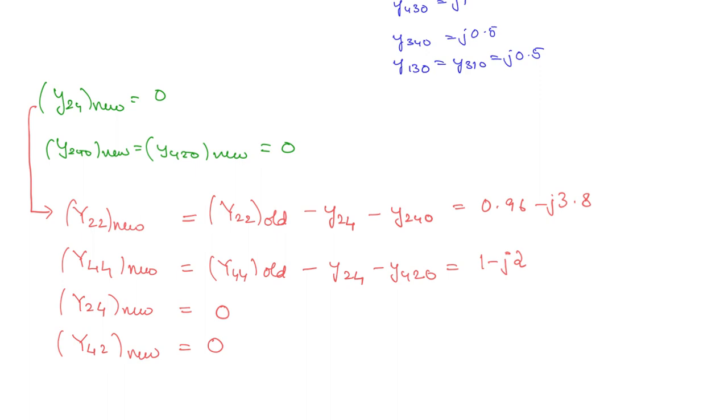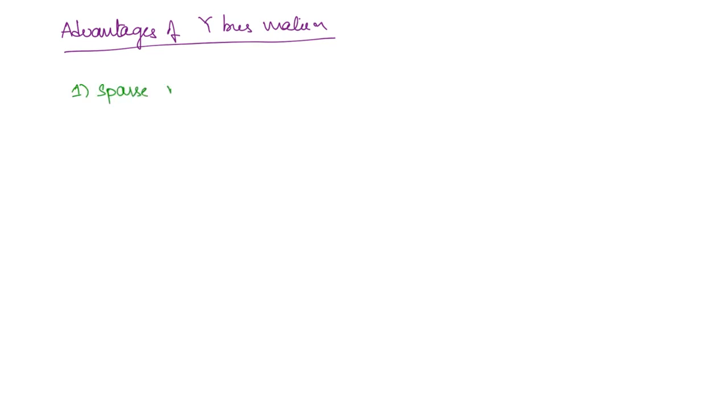The modification of the admittance matrix is very simple. Now we will see what are the advantages of using the admittance matrix. First advantage is it is a sparse matrix. That means most of the elements are 0. Why is that the case?